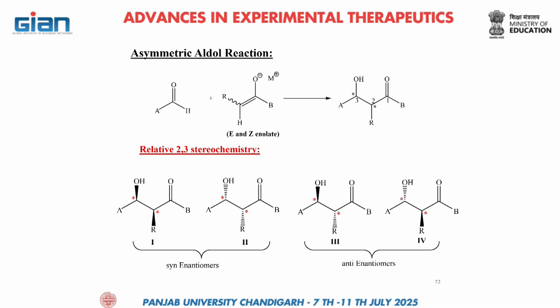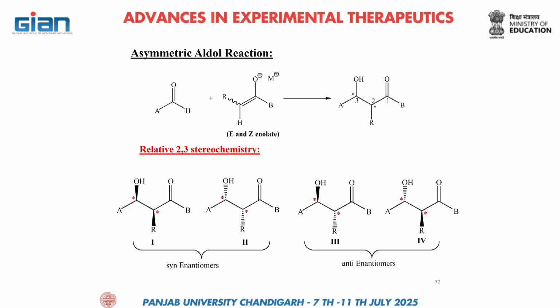If you have a Z enolate, what type of enantiomer are you going to get? Syn enantiomer. What is Z? The groups are on the same side. What is E? The groups are on different sides, opposite sides. So just by looking at this picture, you don't need to know any mechanism.